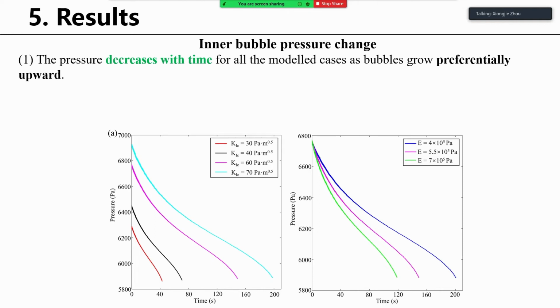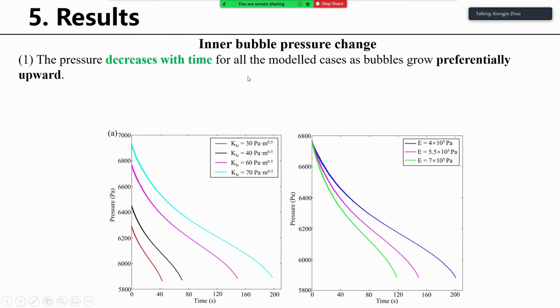Here is the result of internal bubble pressure change. The left picture is variability in K1C, and the right one is for E. In both cases, generally, the pressure decreases with time.